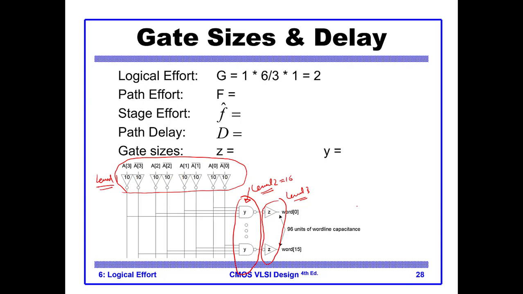For example, if we talk about the first stage, the inverter, its logical effort is 1. An inverter always has a logical effort of 1, because this is the reference. What about the NAND gate? We already discussed that the formula was n plus 2 divided by 3.